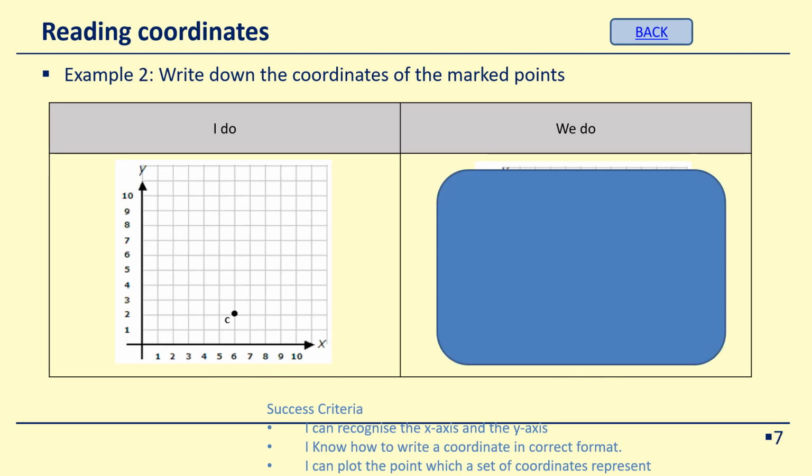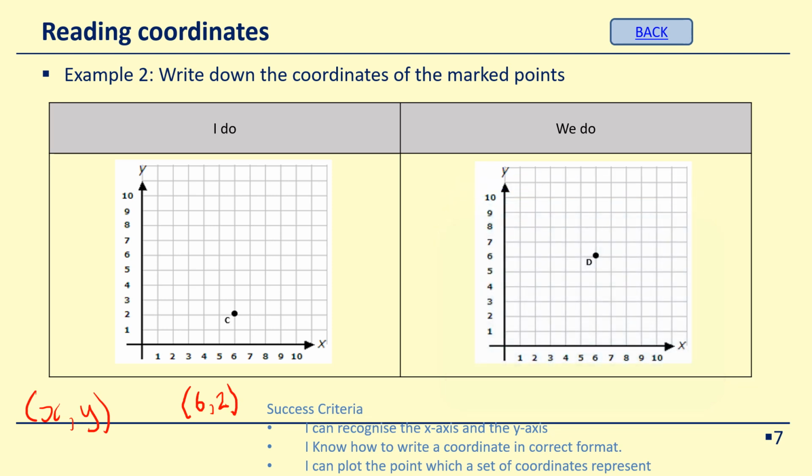Okay, next one. We've got a point marked C. So I go 6 across and I go 2 up. So it's 6, 2 in brackets. X coordinate first, so just remember X, Y. So you do the we do now.